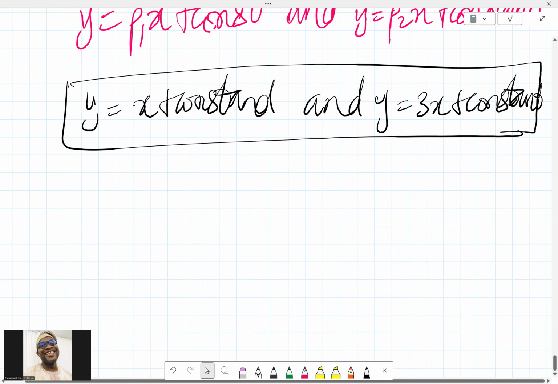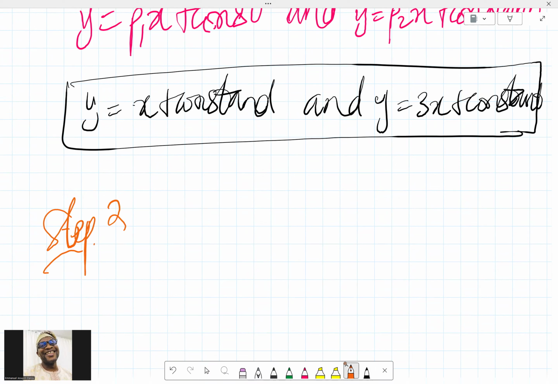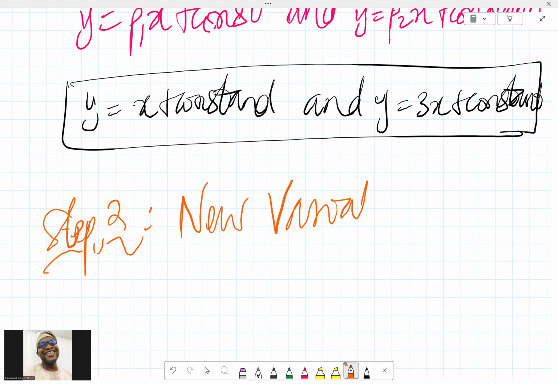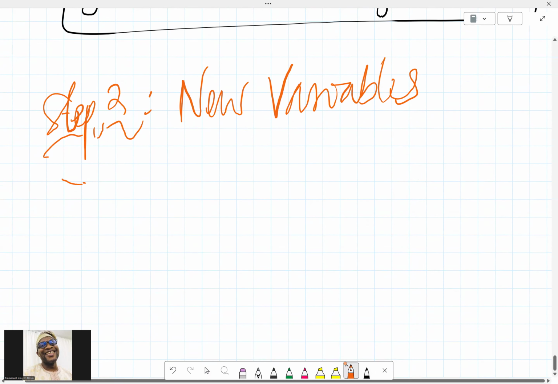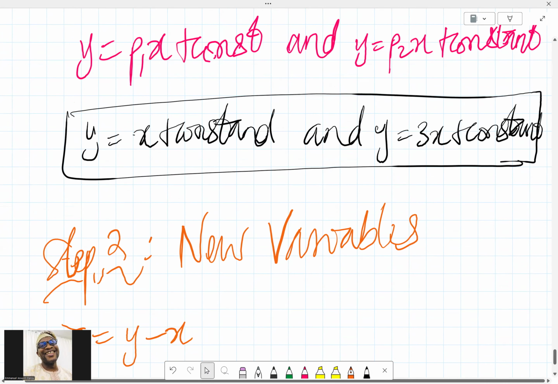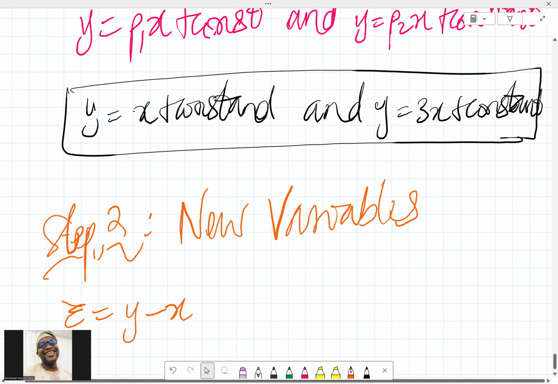So we go for step 2 now. For step 2, we need new variables, because we are transforming into canonical form. What would the new variables be? We have psi equals y minus x, and I think this is coming from here.